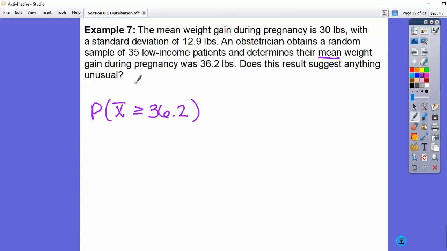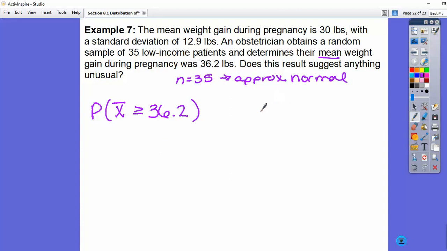Did this say it was normal? No, but it has a sample of 35. So n is 35, so that tells me it is approximately normal. Alright, so then we can change it to a z.